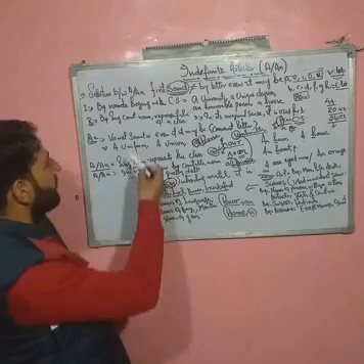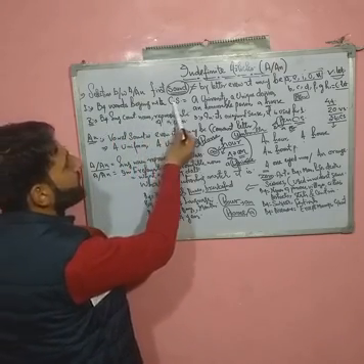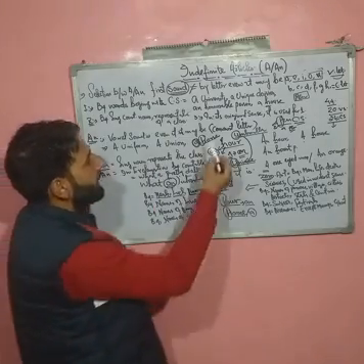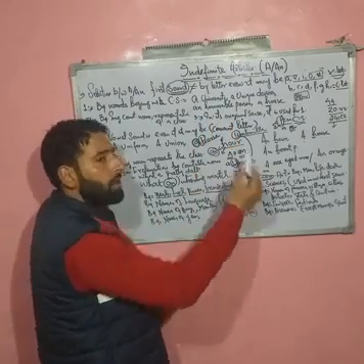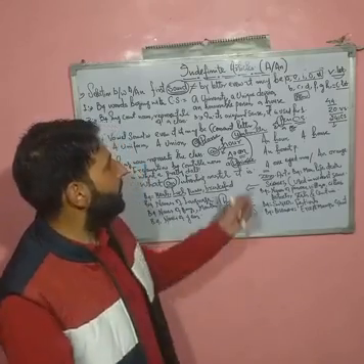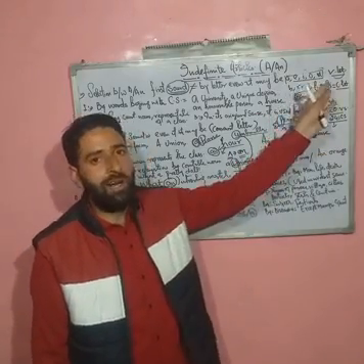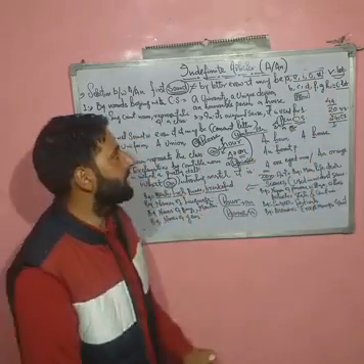This a is used before words beginning with a consonant sound. Once again, we have a word which begins with U: university. We were taught in our kindergarten classes that when a word begins with A, E, I, O, U, we should at once use an, but that is not the case.